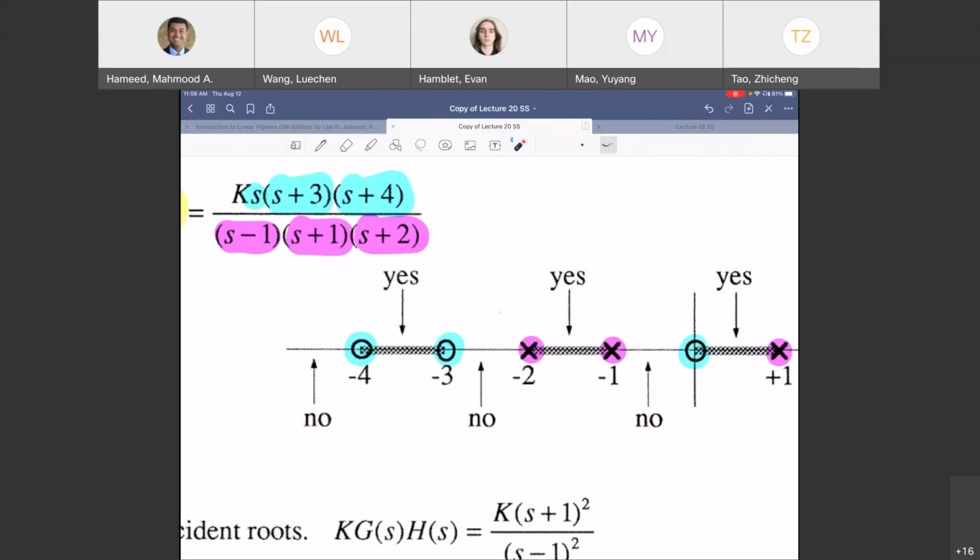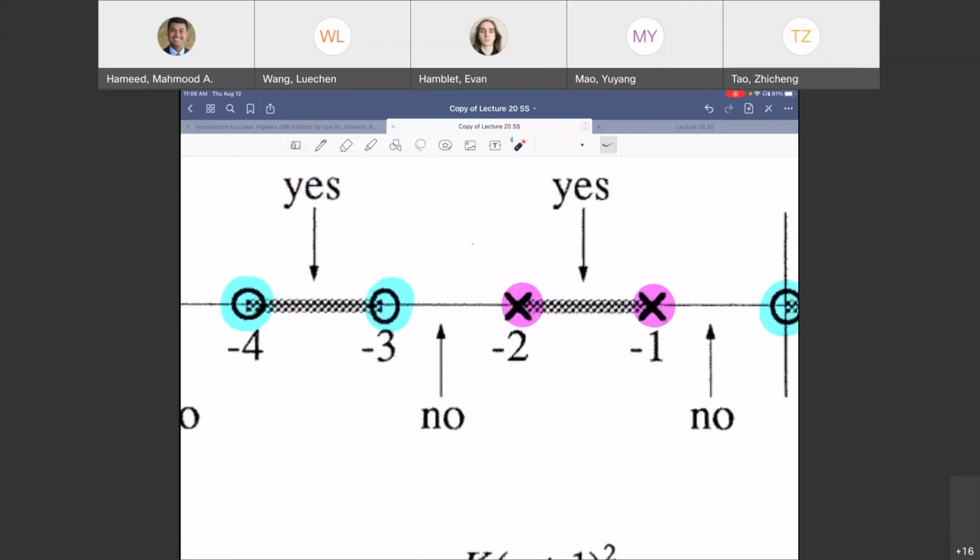How can you find something that starts at a pole and ends at a zero here? Yeah, so you have to go away from the real axis here. You guys see that? So let me use a different color here. Maybe I use green. Maybe I bold it. So this guy moves here. Yeah, this guy moves here as you increase K.